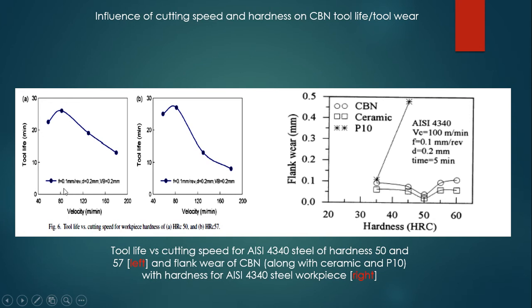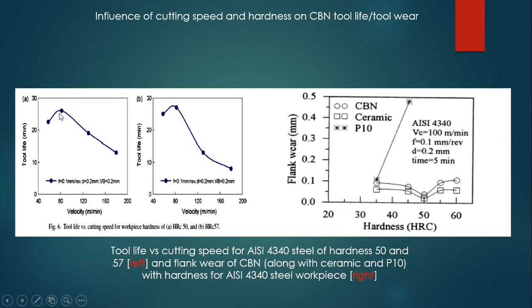In this plot it shows the variation of tool life with cutting speed. The tool life increases upward until the speed of 80. In other words, the tool wear decreases until the speed is 80.